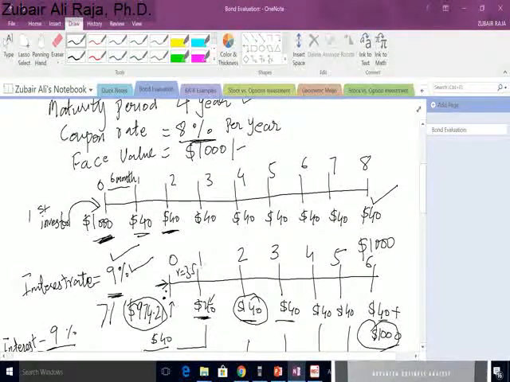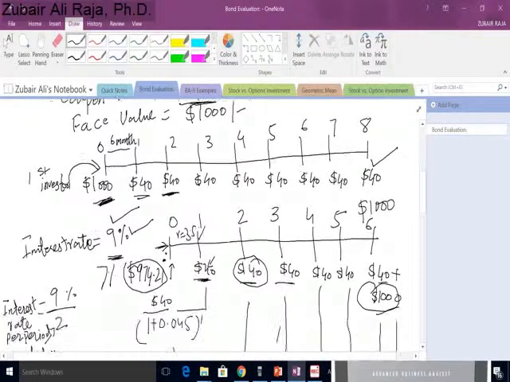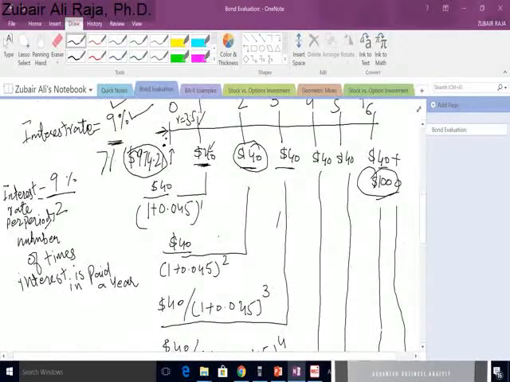Usually the interest is mentioned on an annualized basis for the whole year, but because the interest will be paid after every 6 months, we need to consider only the per period interest. So 7 divided by 2 gave us 3.5%, right? Let's do a quick calculation with this.